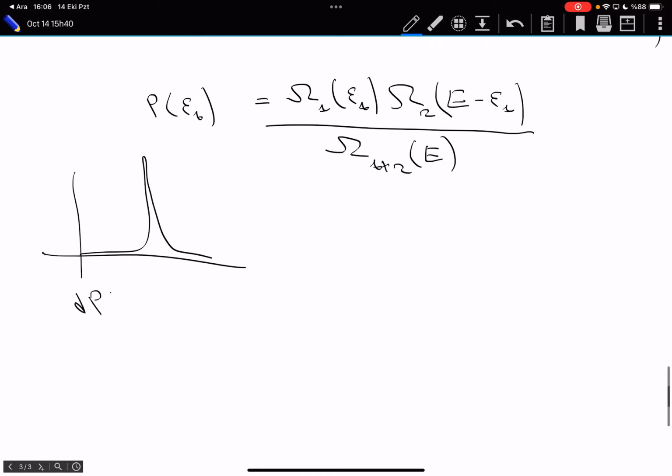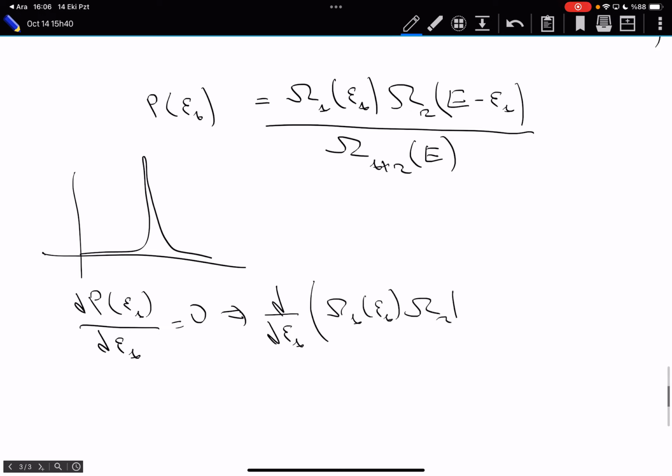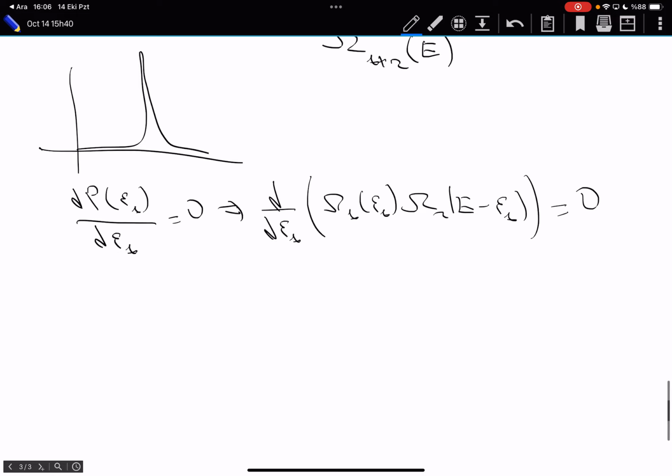If I want to calculate the largest probability, this derivative should be 0. I'm ignoring the numerator because it's just a constant. It doesn't depend on epsilon 1. Which tells me that, let me call this number epsilon 2.